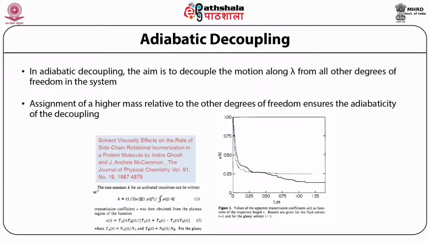We achieved this quite a long time back, with all the functions shown in this paper, and the plot shows just as if the viscosity of the medium has gone down and the motion has gone slow. So this is an example of how to find the rate constant at different transition states, and this is the application of adiabatic decoupling.